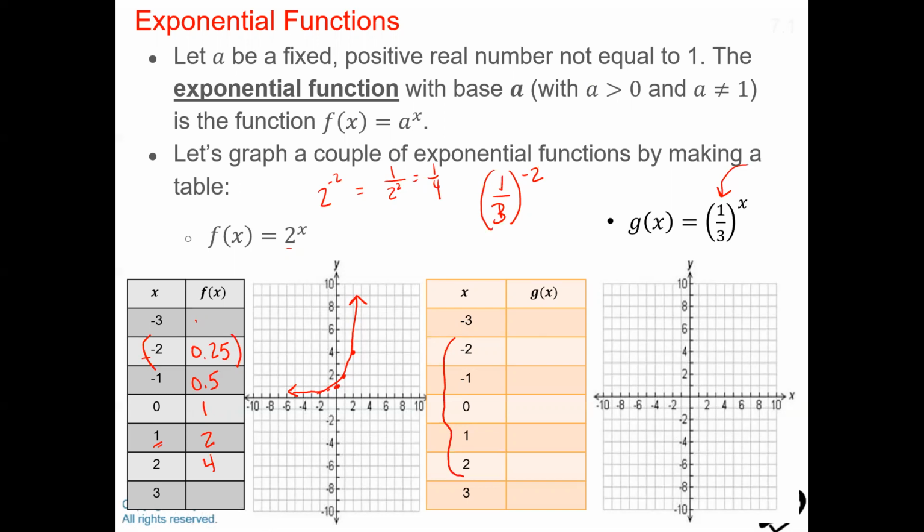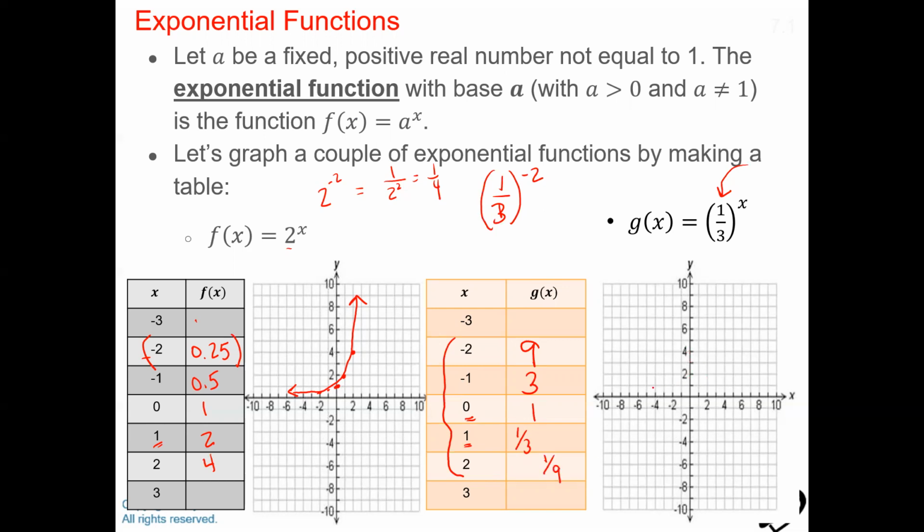We're going to do 1 over 3 raised to the -2nd, and we get 9. 1/3 raised to the -1st, we bring that 3 up to the top. 1/3 to the 0, anything to the 0 power is 1. 1/3 to the first power is 1/3. And 1/3 squared would be 1/9.